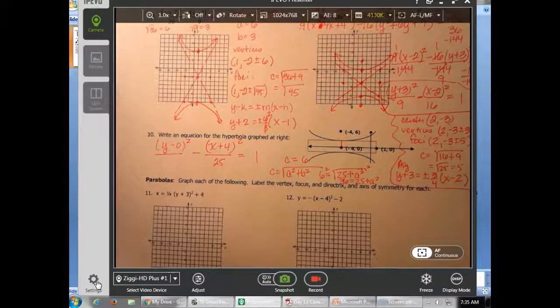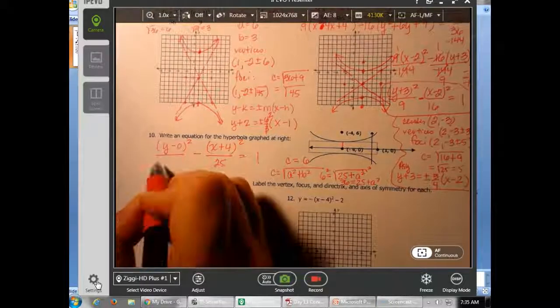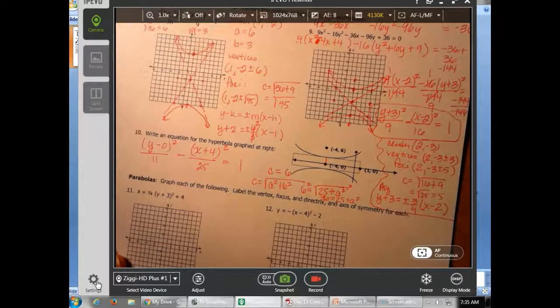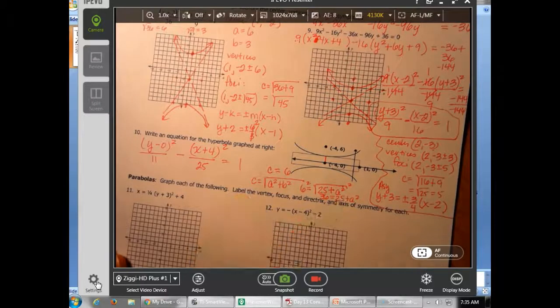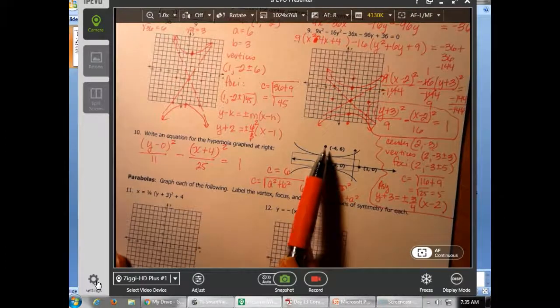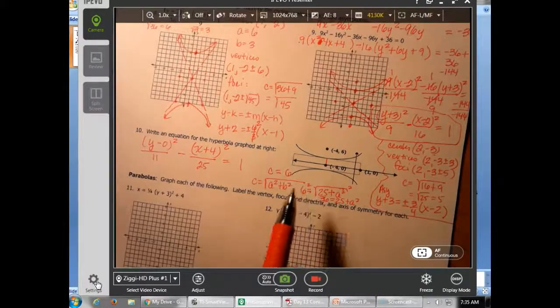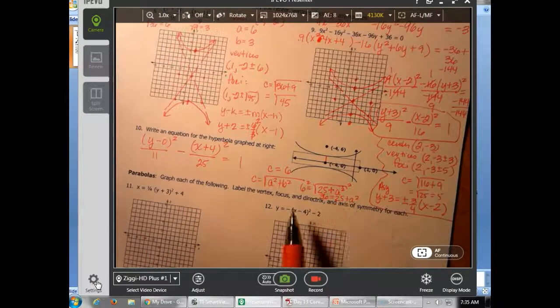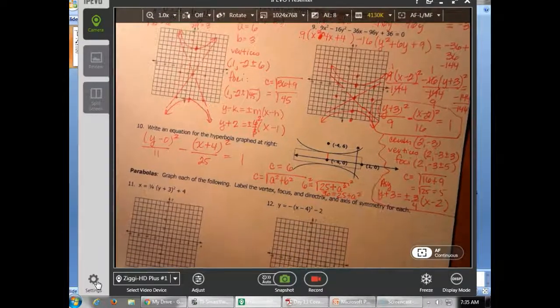So this denominator will be 11 right here. So there is our equation for that. So that was a little extra thing we had to do at the end because we didn't actually have our B value. Well, we had our A value, we didn't have our B value, but we could use C to find our unknown. So that's how we're going to approach ones like that.